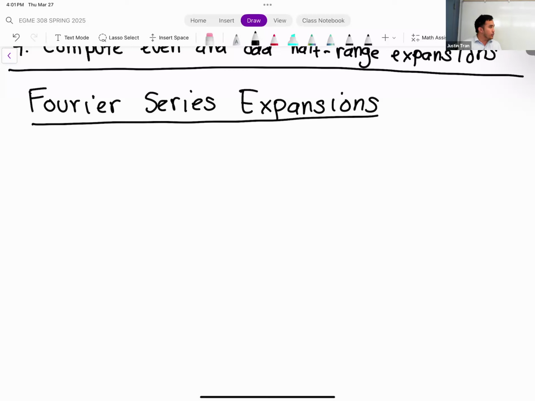Basically, the idea with the Fourier series expansion is that you can take any periodic function and represent it as a sum of sines and cosines.